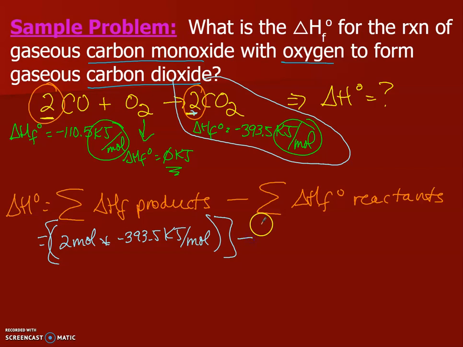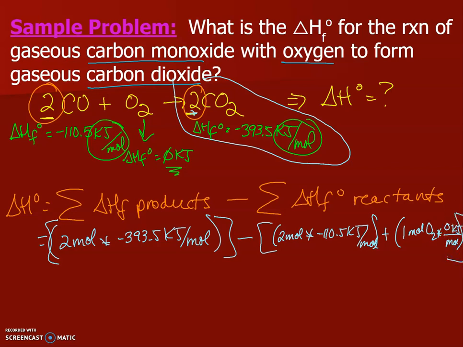Then we are going to subtract, so it flips the sign of our reactants. I have 2 moles of CO, so that is negative 110.5 kilojoules per mole. And I have 1 mole of O2, and that is 0 kilojoules per mole. So that just equals a big old 0, but it's important to have in the proof of what's going on.